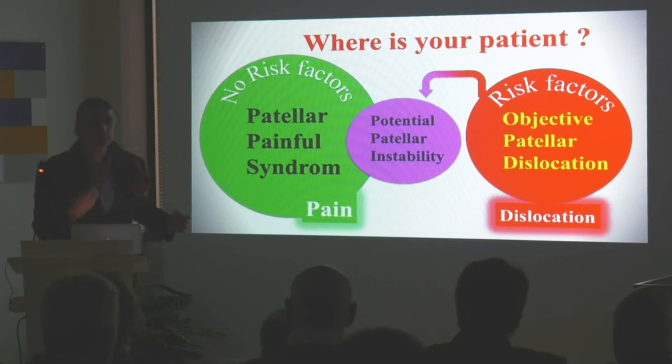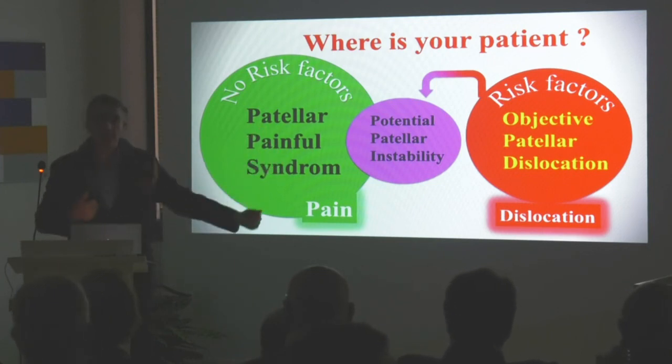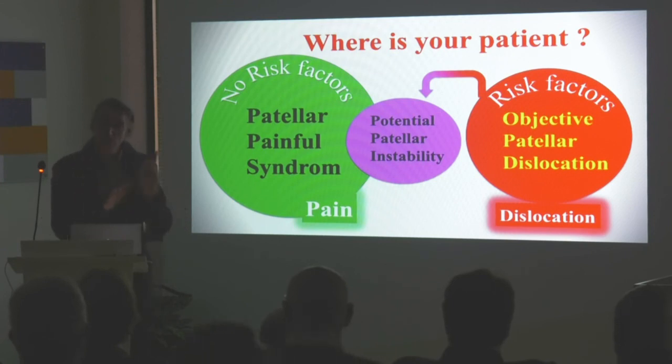He feels some instability. He tells you that he has a patellar dislocation, but you look into the X-rays, no trochlear dysplasia, no patella alta, so you know perfectly that this patient will not need any surgery at all. So this is the best way to show to your patient you are normal.